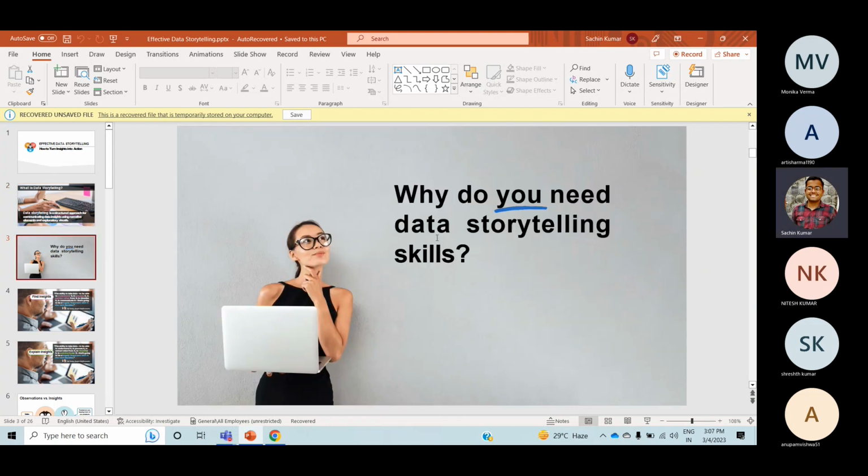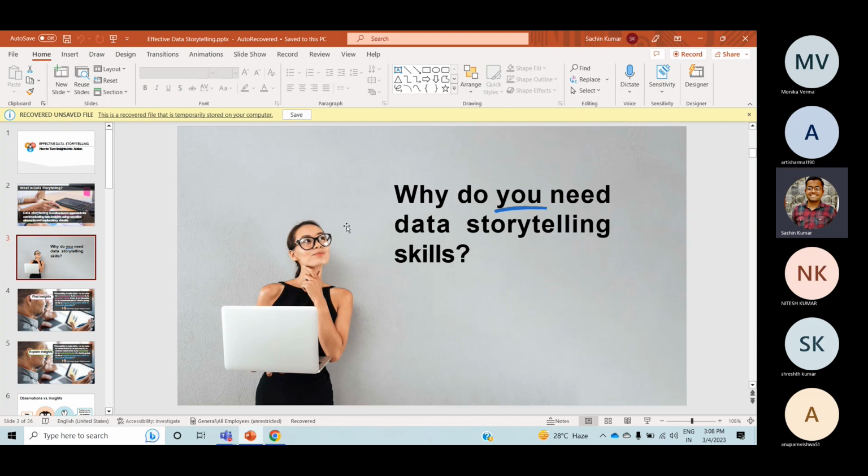Next, why do you need to study data storytelling skills? Because nowadays applicants have put so much of their time into learning tools like Python, Excel, SQL, whichever is required in the data field. But they neglect a very important skill like data storytelling, which is used in every domain in data.